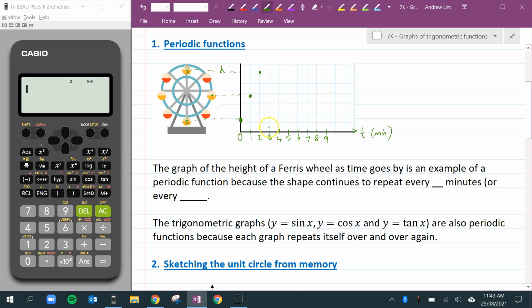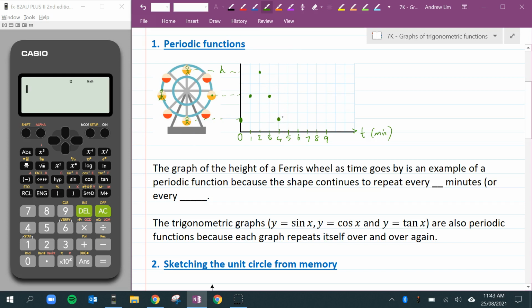What about when 3 minutes have elapsed? When 3 minutes have elapsed, you're over here now, which means technically you're at the same height as you were when 1 minute had passed. So you're going to be over here. And then at 4 minutes, you're going to be right back where you started, down here.